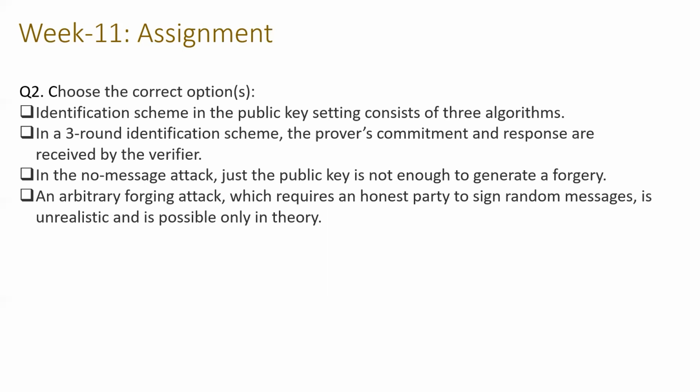Whatever commitment was sent from the prover to the verifier in the initial stage, that same commitment is expected to be computed by the verification algorithm. If it matches, then the verifier accepts that the prover is indeed the entity it claims to be. Otherwise, it aborts. So that is how an identification scheme works.